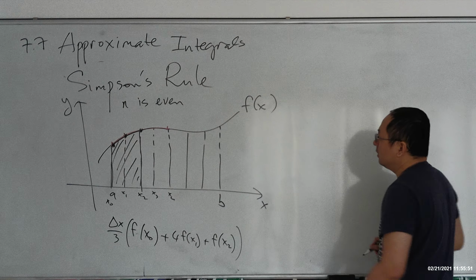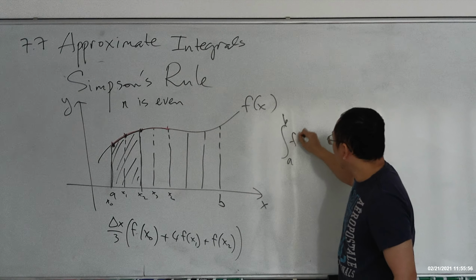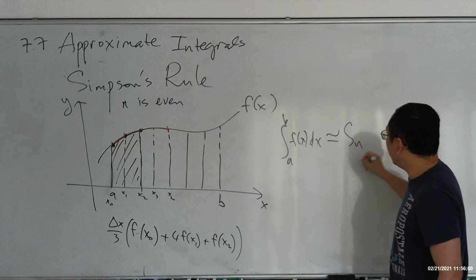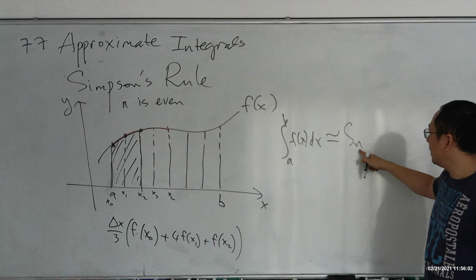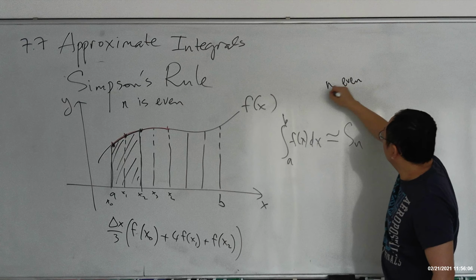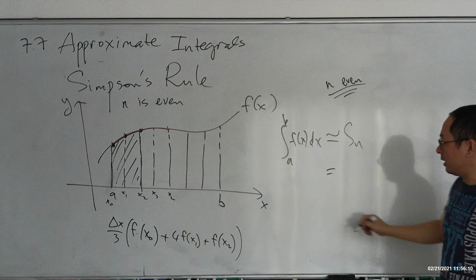Okay, so Simpson's rule says that the integral from a to b of f of x dx is approximately equal to Sn, and you know what S stands for? Simpson, and n is the number of columns. The requirement is that n is even. And how to calculate this?